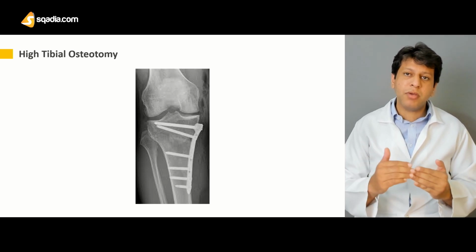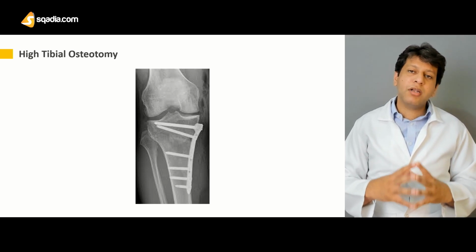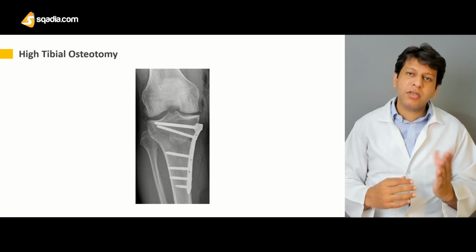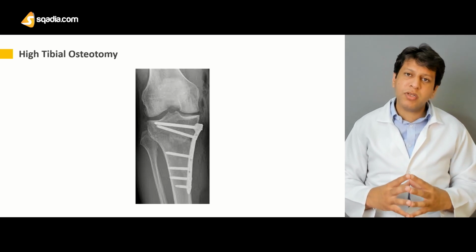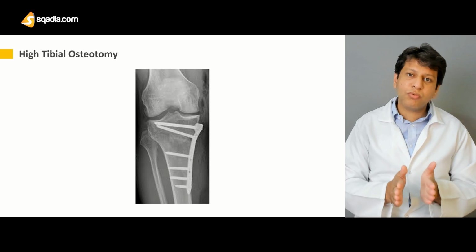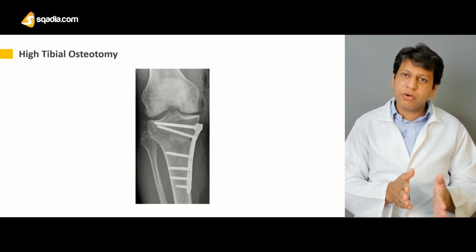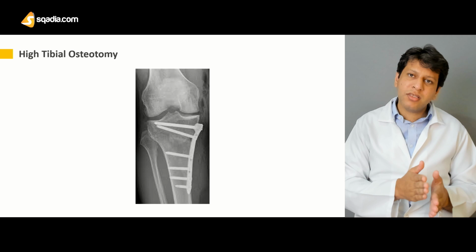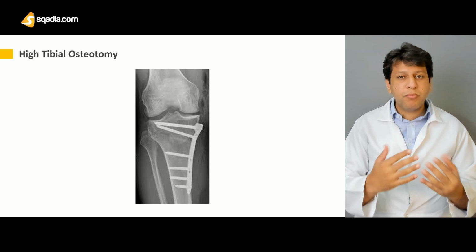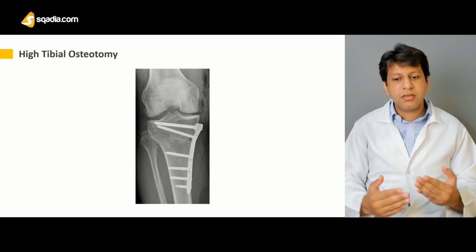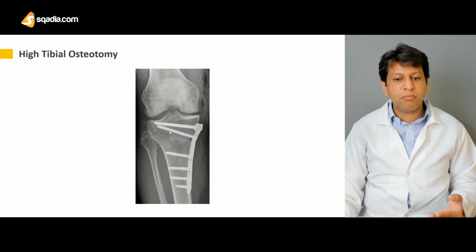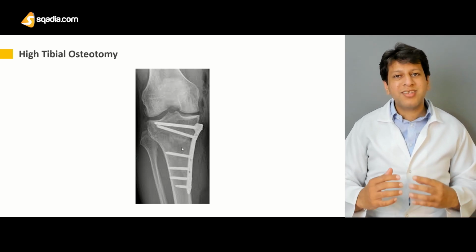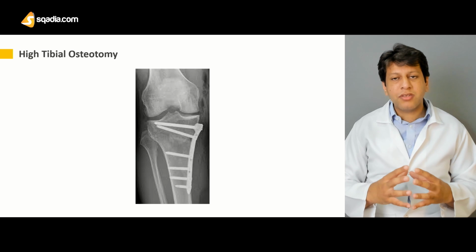High tibial osteotomy can also be done to offload the lateral compartment, but it has its own indication and contraindication, and it's usually done in younger patients. The problem with high tibial osteotomy is that the plate would later require a removal surgery. Plus, biomechanics sometimes get disturbed as well.